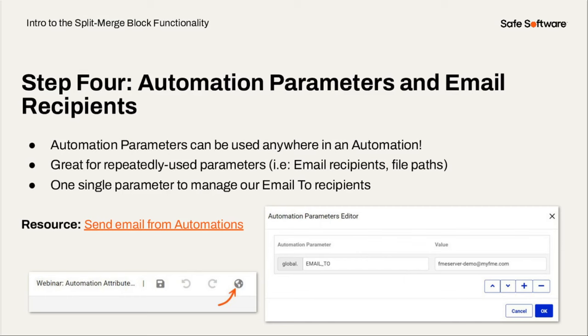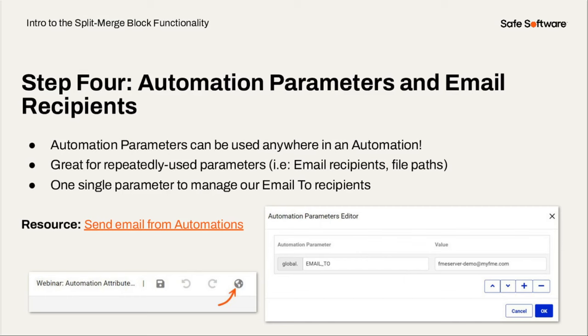So with automation parameters, instead of manually entering repetitive parameter values in our automation actions, we're just going to use automation parameters instead. Automation parameters are great for reusable values since they can be used all across an automation. And the attribute value is managed in a single location, which is done through the automation attribute editor, which you can see in the bottom left screenshot here.